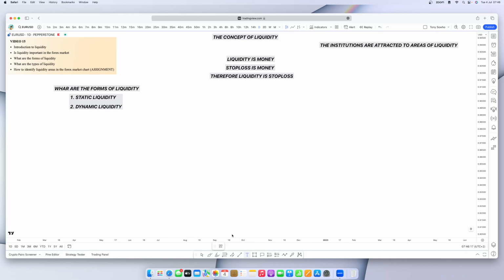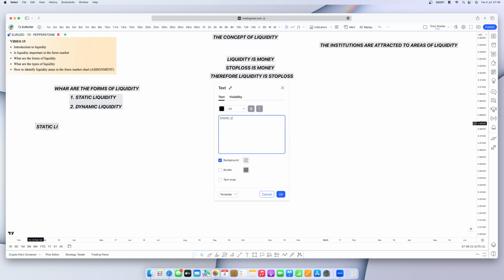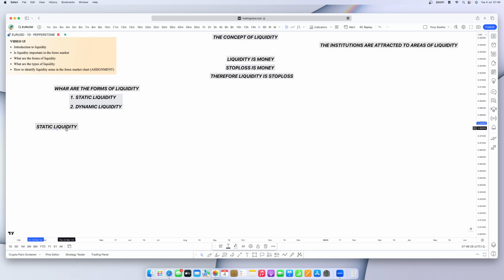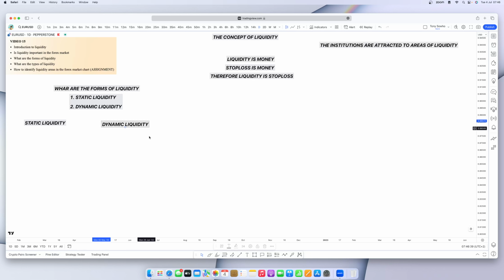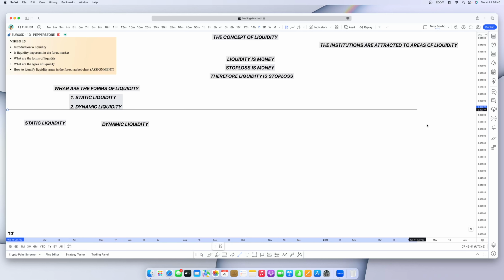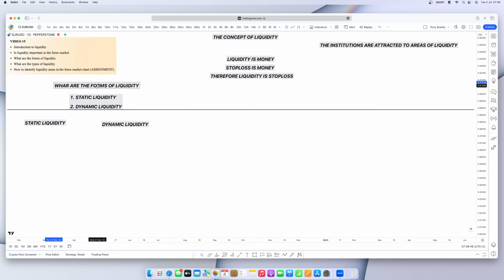So we have static liquidity. And then we have dynamic liquidity. Okay, so permit me to do this. Okay, so we have the forms of liquidity.